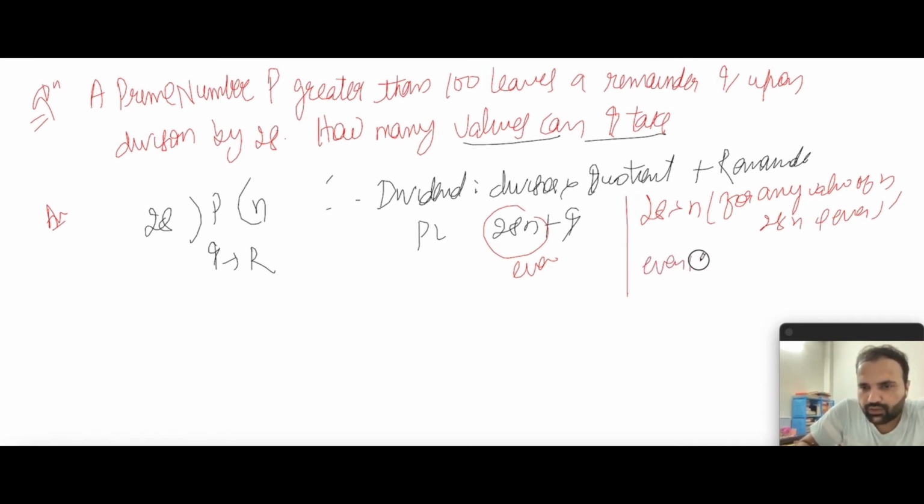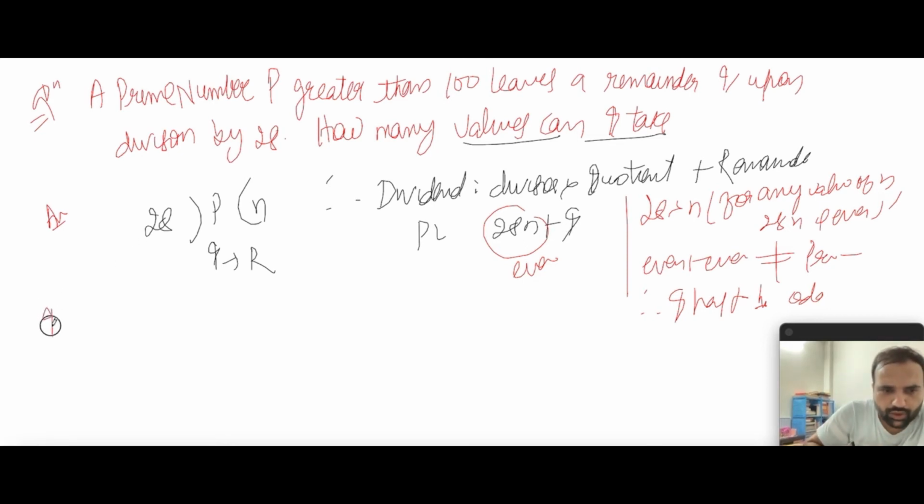Also, we know that even plus even will not be prime. So we also know that Q has to be odd, because this is even. That's what we have left. So this has to be an odd number.